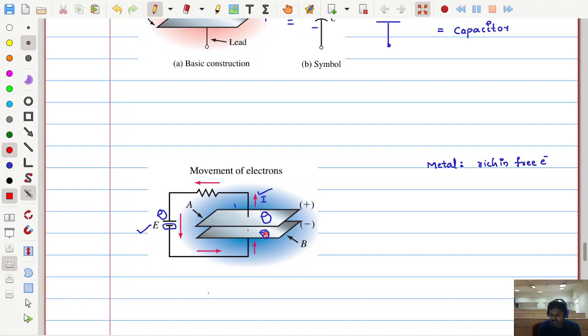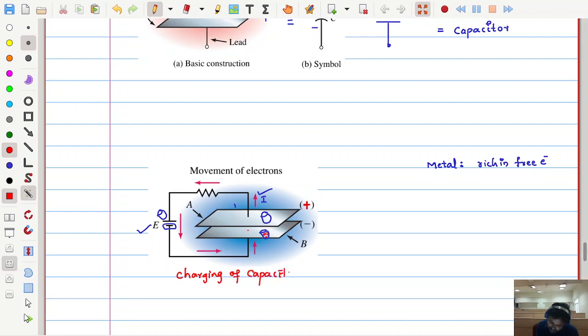What kind of electrons are deposited? Negatively charged electrons are deposited on the lower side plate. On the upper side plate, all the free electrons are pulled away, thereby a positive charge is taking place. This process we call charging of the capacitor.